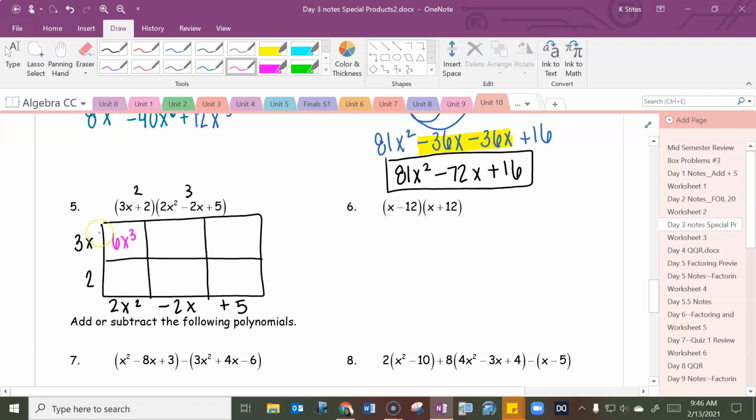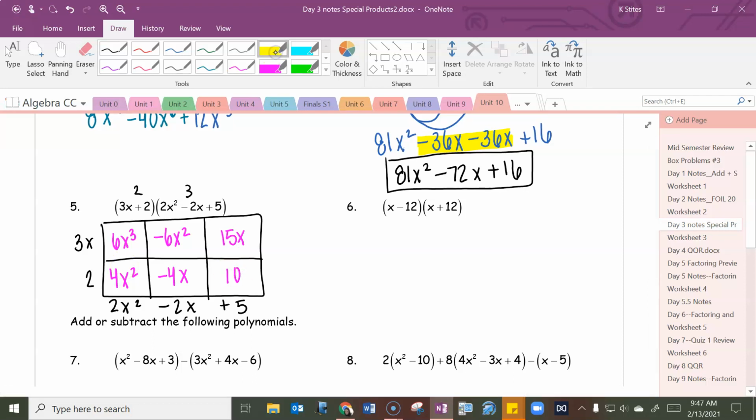Notice we added our exponents because we're multiplying. 2 times 2x squared is 4x squared. 3x times negative 2x is negative 6x squared. 2 times negative 2x is negative 4x. 3x times 5 is 15x. And 2 times 5 is 10.